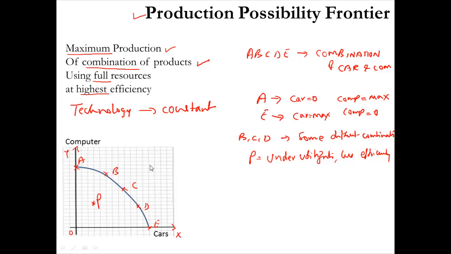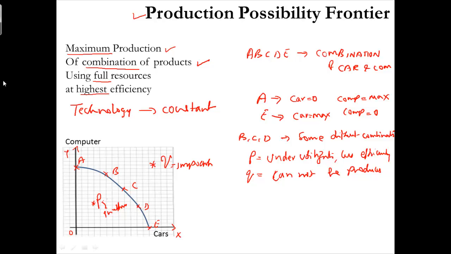If you talk about a point Q, which is outside this curve, then Q is impossible, cannot be produced using existing resources. Therefore, Q is impossible and P is inefficient. So only A, B, C, D, E are the efficient points on the graph.